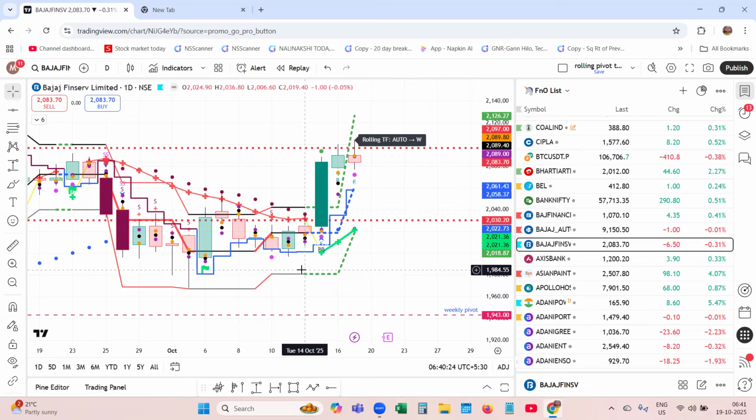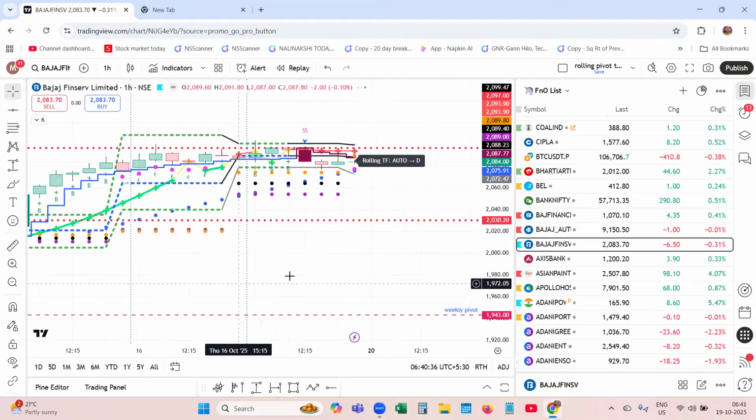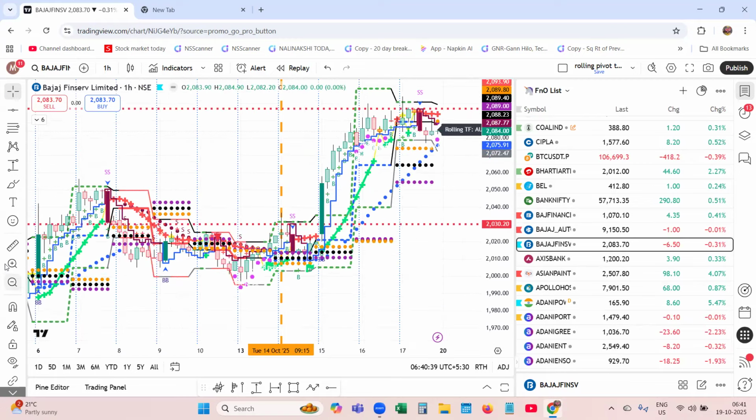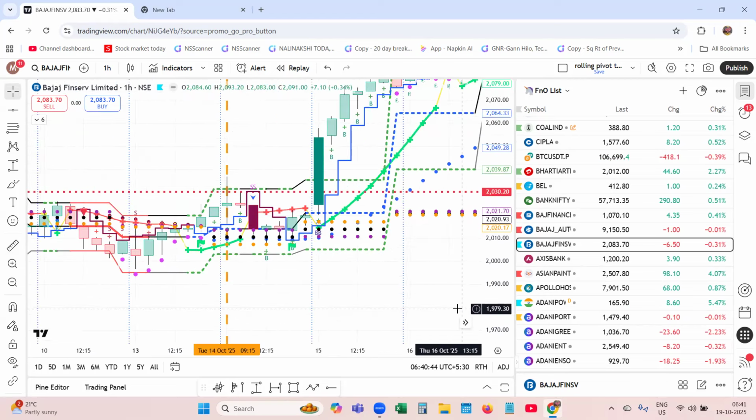So how to catch this? I'm pressing Alt V, and I'll take you to the hourly chart to catch this early move. The transition you can see here on an hourly basis, and you can hold the position.